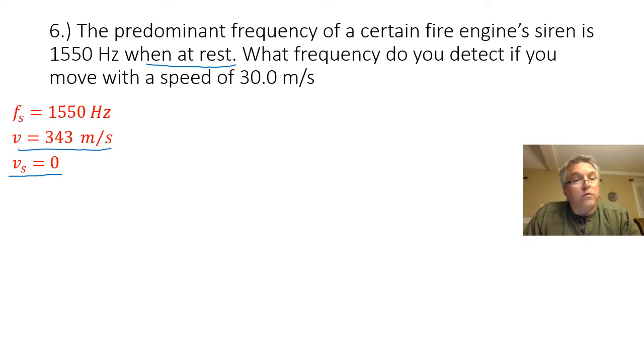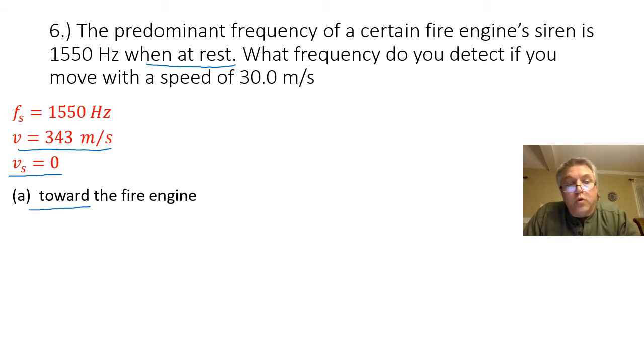So for the first part, we're going to find the frequency you detect if you are moving at a speed of 30 meters per second toward the fire engine. So if I'm moving toward the fire engine, my velocity is going to be 30 meters per second. Just a quick note on the subscripts. Remember, the subscript O stands for the observer. The subscript S stands for the source.